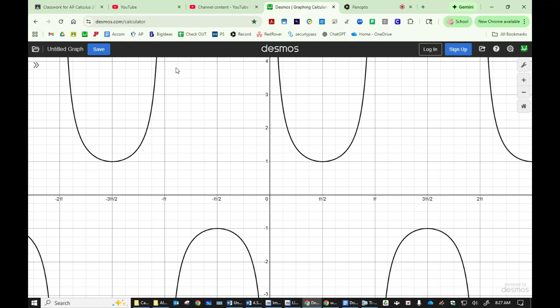So I would like you to see that this guy has a repeated pattern. What does it look like the period is? Like you totally go, oh, it's pi, because there's one thing, but half a pi. What about this guy? This is part of the pattern, but he's not in the same place.